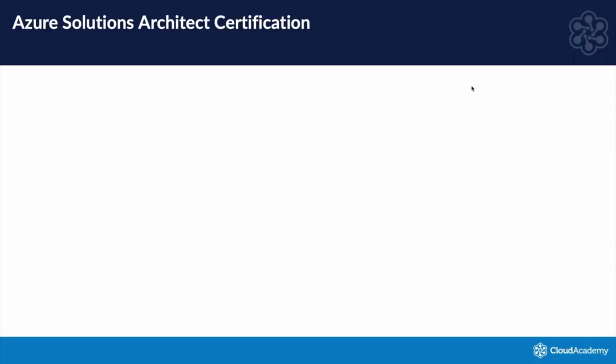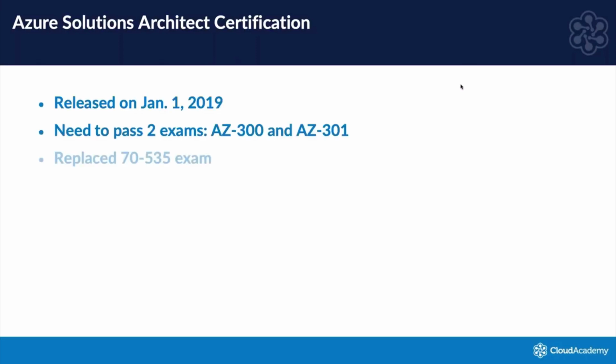Okay, so the Azure Solutions Architect certification was released on January 1st of this year, so it's still very new. You need to pass two exams, the AZ-300 and AZ-301 exams. These replace the 70-535 exam.